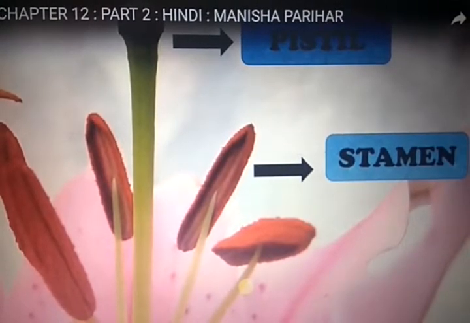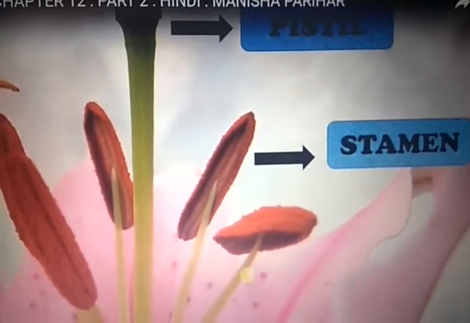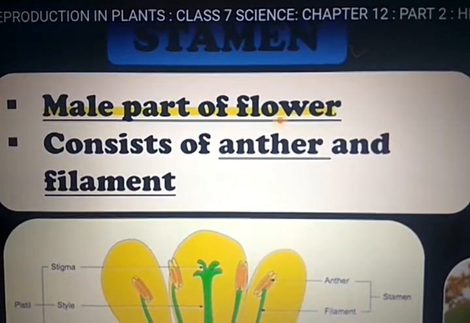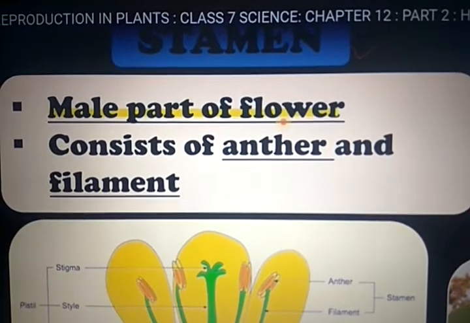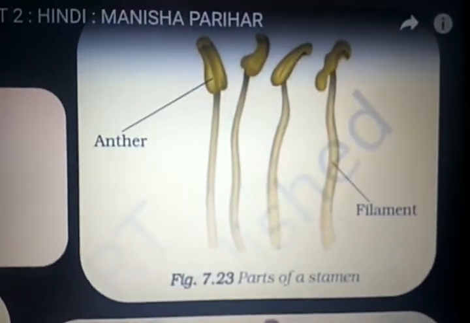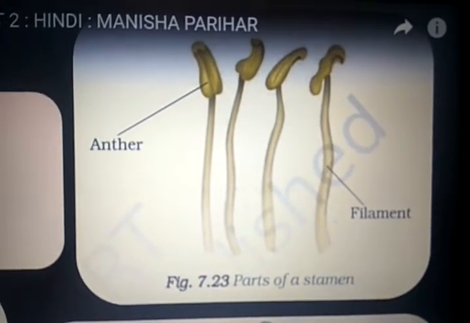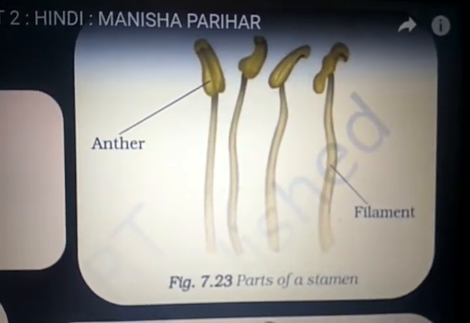Stamen is the male part of the flower, and it consists of anther and filament. You can see the parts of stamen. That one is the anther and that one is the filament.